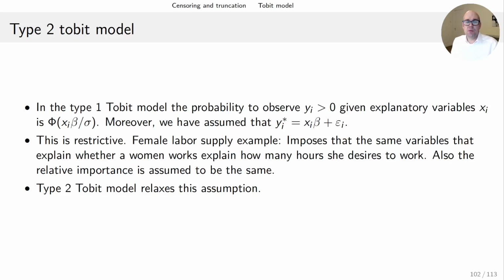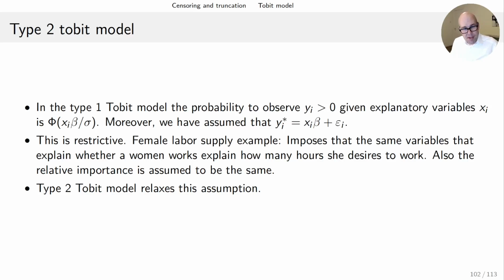So in the type 1 Tobit model, the probability to observe yi, to have an uncensored observation, is this CDF of the standard normal distribution evaluated at xi beta divided by sigma. And then once one observes the outcome, the dependence on x is also basically governed by this parameter beta.